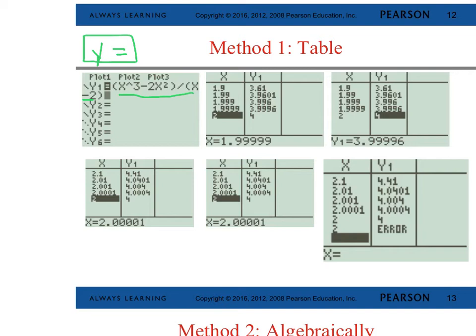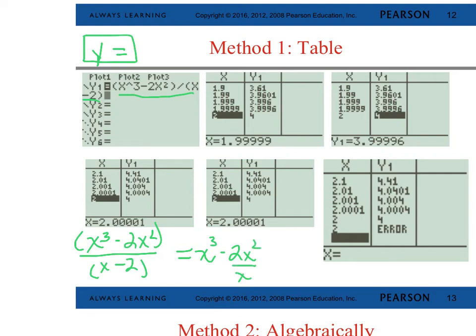And that's because the function x to the third minus 2x squared over x minus 2 means that this whole expression is going to be divided by this whole expression. If you don't put the parentheses in, as I showed you, what your calculator is actually going to see is x cubed minus 2x squared divided by x, subtract 2.